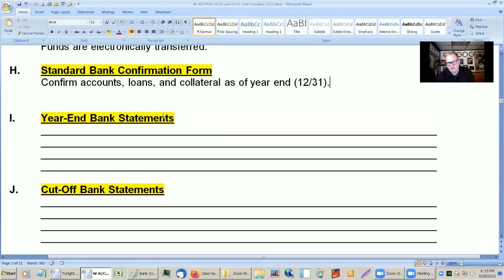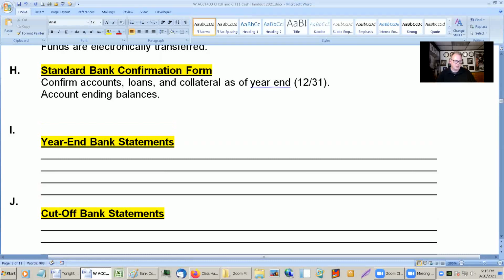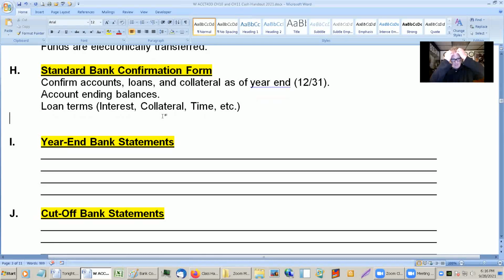They will have the loan interest payments, any balances, loan terms, interest, and the outstanding amounts of the loan, loan amounts outstanding.